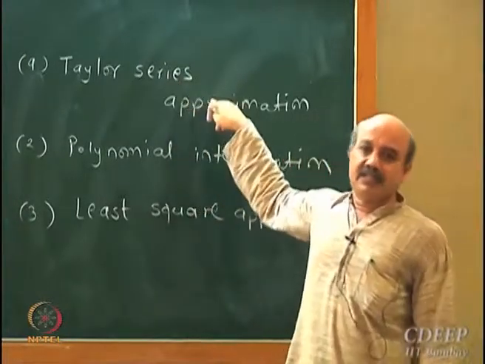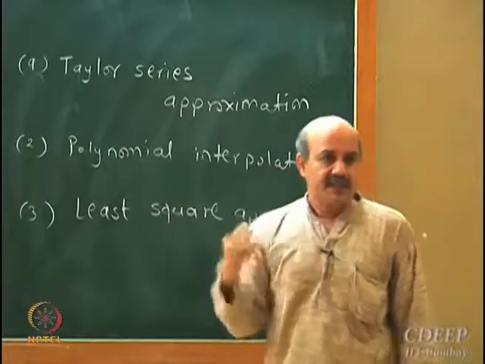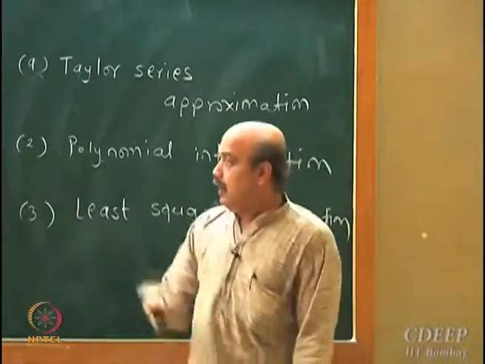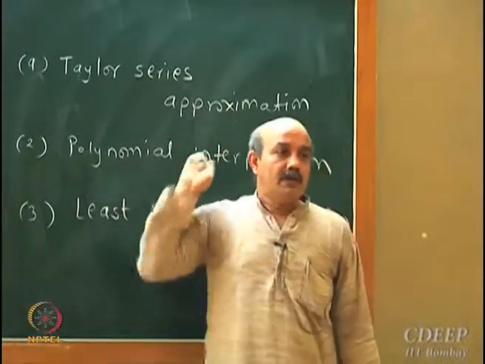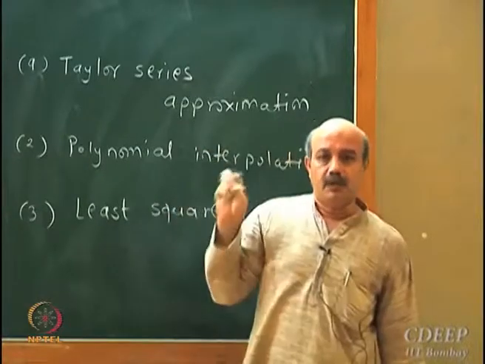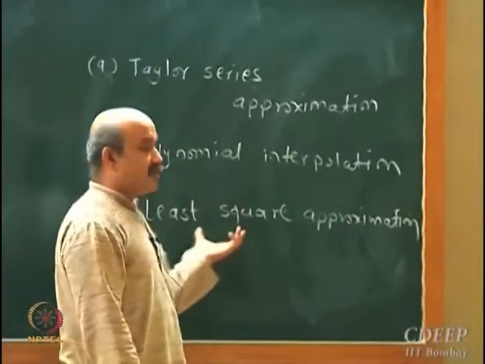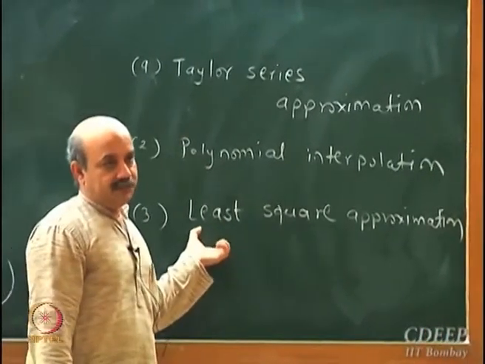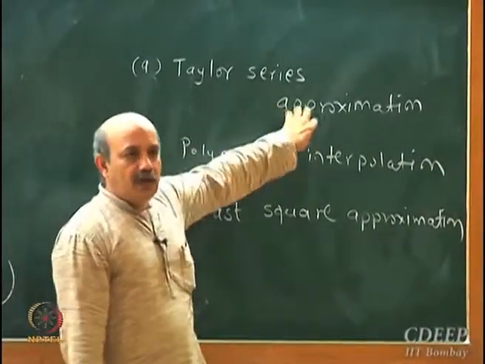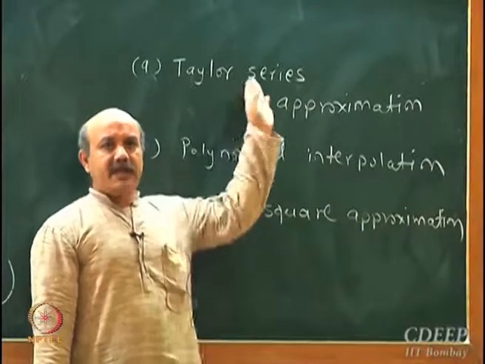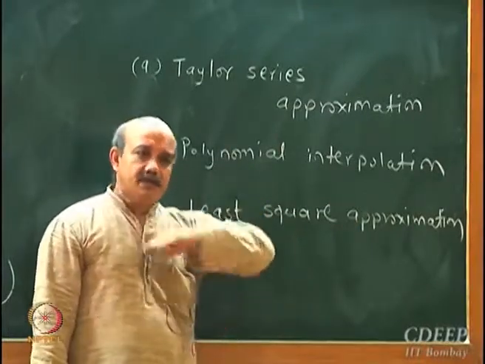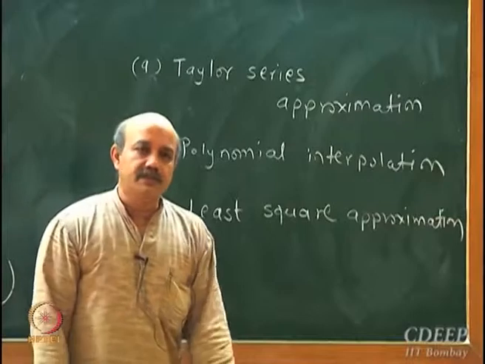You are familiar with Taylor series expansions. We will just revisit them briefly in the next lecture. Then we move on to polynomial interpolation. Okay, and the third is the least squares approximation. Okay, so if you understand these 3 basic concepts, most of the problem transformations will be clear to you.